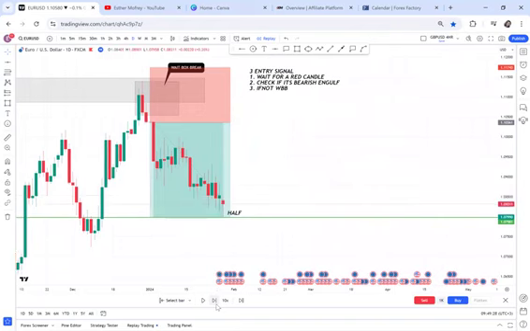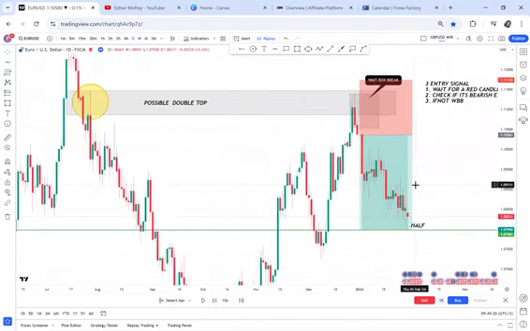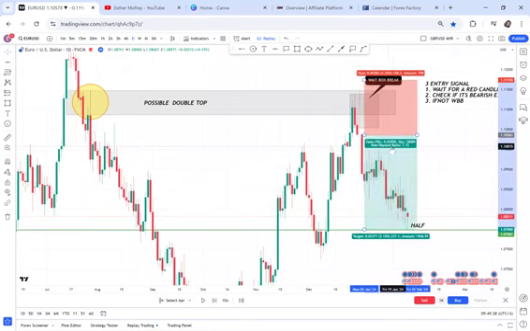So we are waiting for it to hit 240, and you can see the market has hit 240 pips, all from a double top. That is a double top. That is OPT. 240, guys. Oh my goodness.